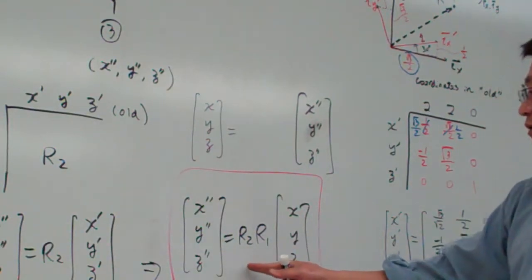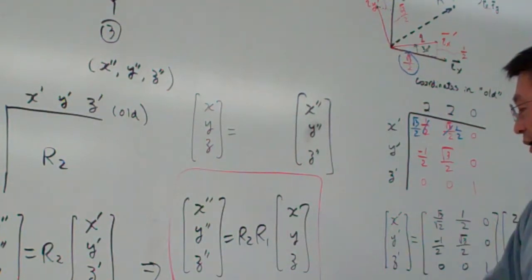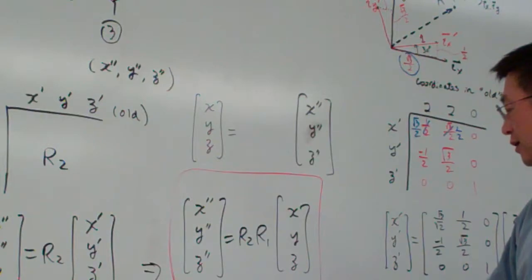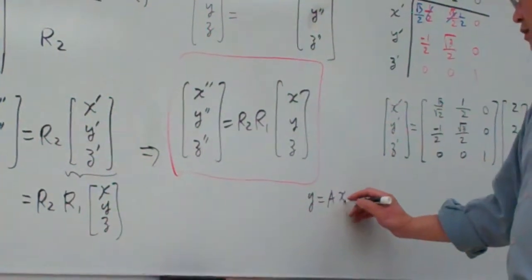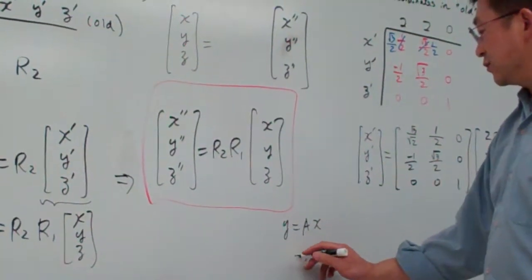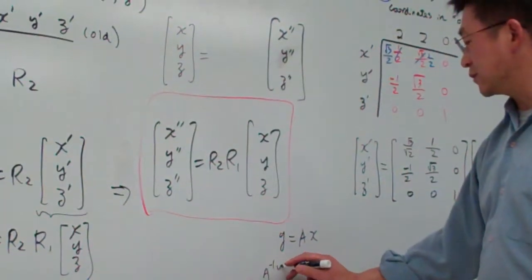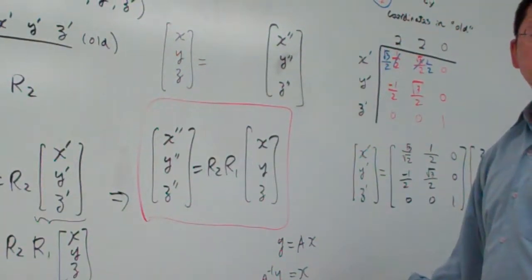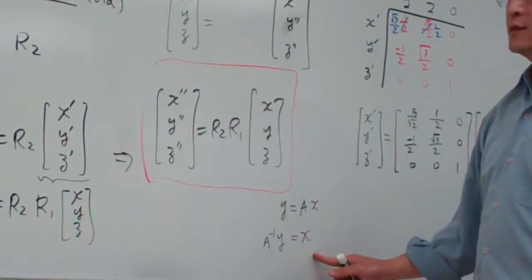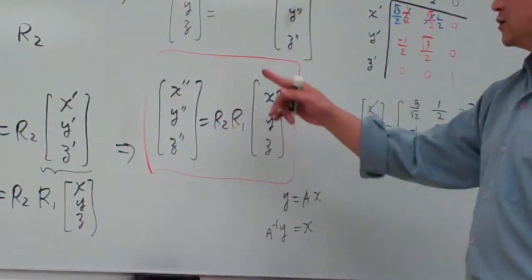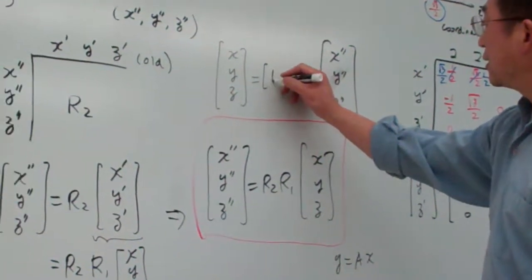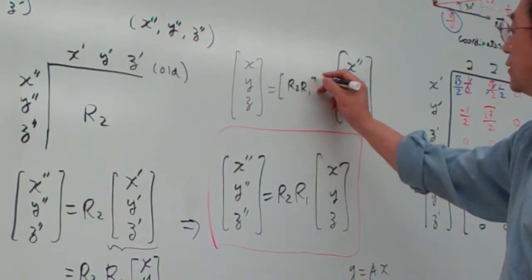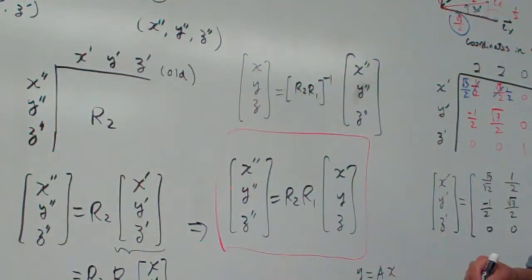If in terms of matrices we have y equal to A times x, then we can write x simply equal to A inverse times y, right? So we use this property. So simply that is (R2 R1) inverse.